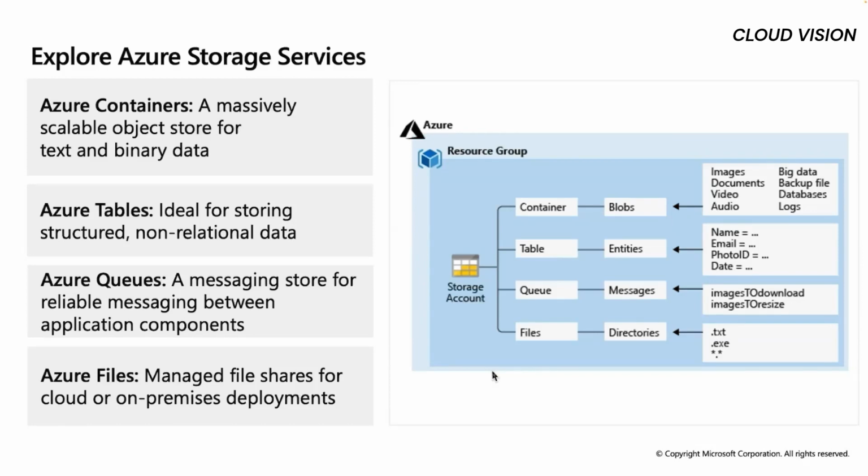It's a messaging store, and it provides reliable messaging between application components, or even between the client side and server side of an application. You can also pass notifications through the queues, such as images to download or images to resize. Those kinds of notifications you can pass through the queue.